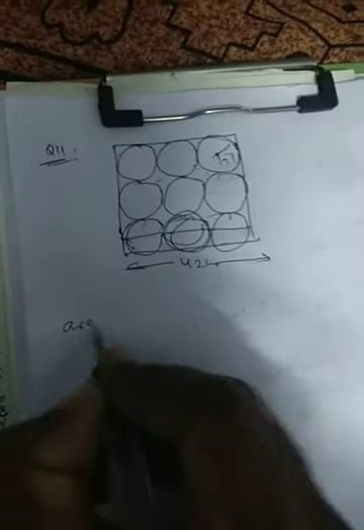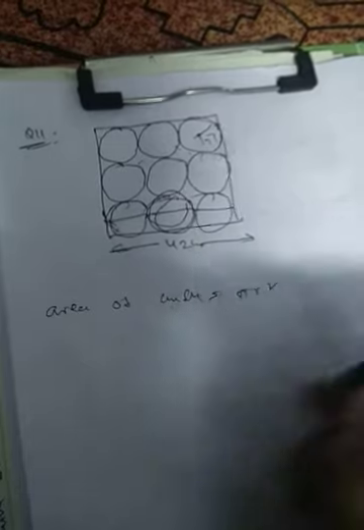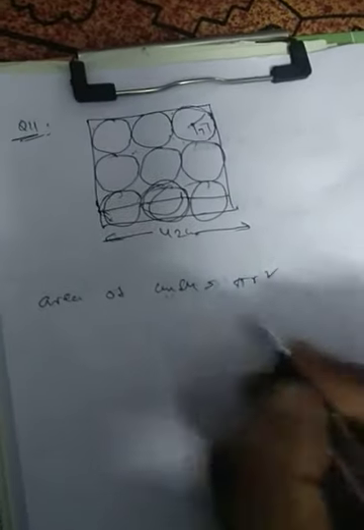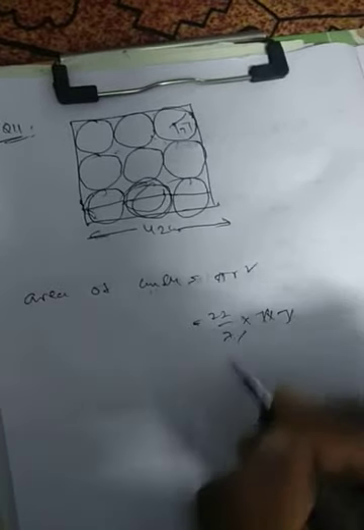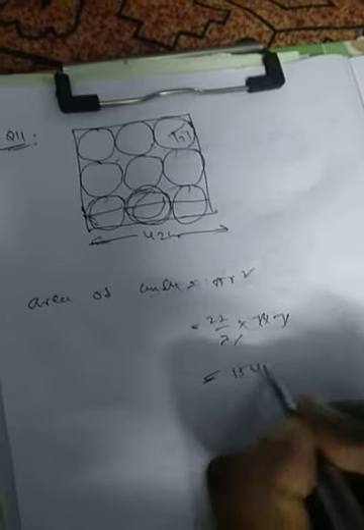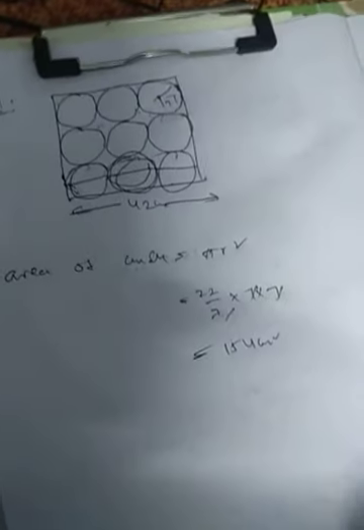First, the area of each circle. Area of each circle is pi r square, so I can write 22 by 7 into 7 into 7, 7 will be cancelled, 2 sevens are 14, 2 sevens are 14, 1 left 15, 154 centimeters square is the area of one circle.